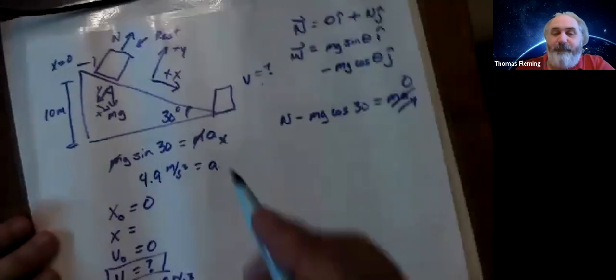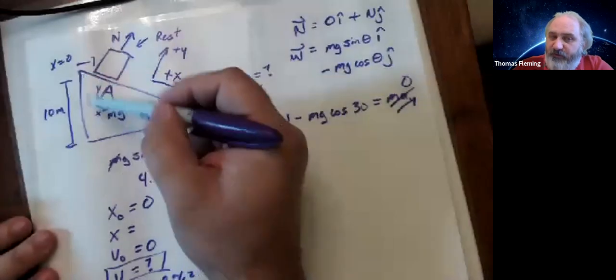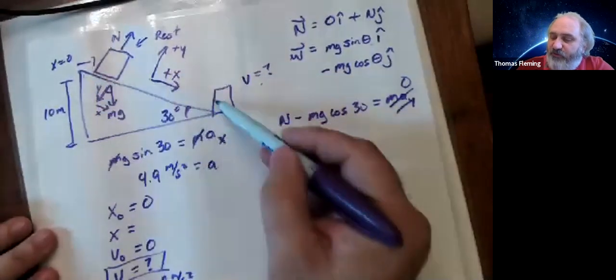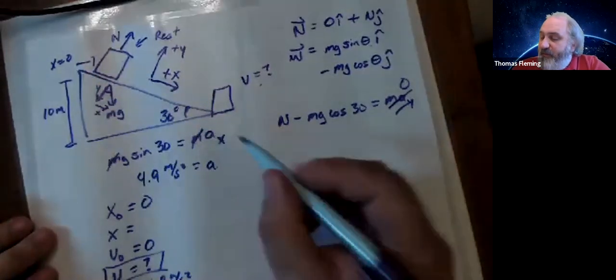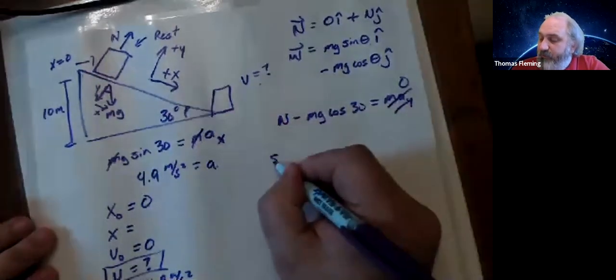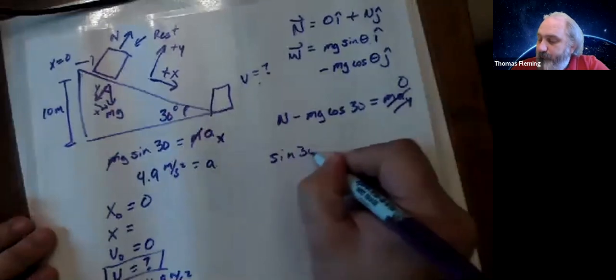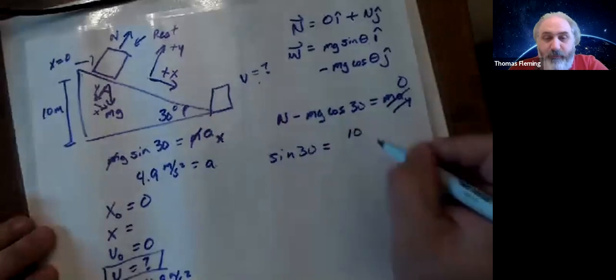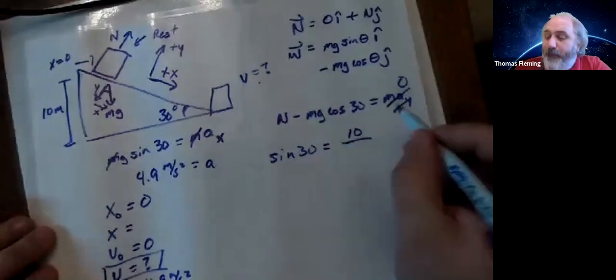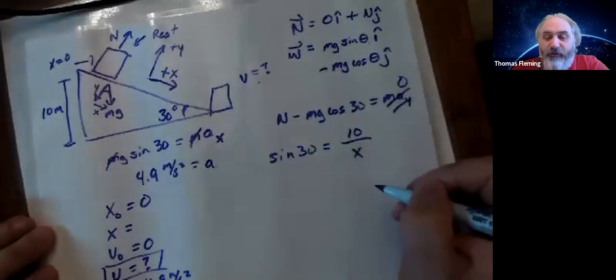Because what I can look at is I know that from here to here is 10 meters, and this forms a right triangle. I know then that the sine of 30 degrees ought to equal the opposite side of the triangle, which is 10 meters, divided by the hypotenuse, but the hypotenuse is whatever x final is.